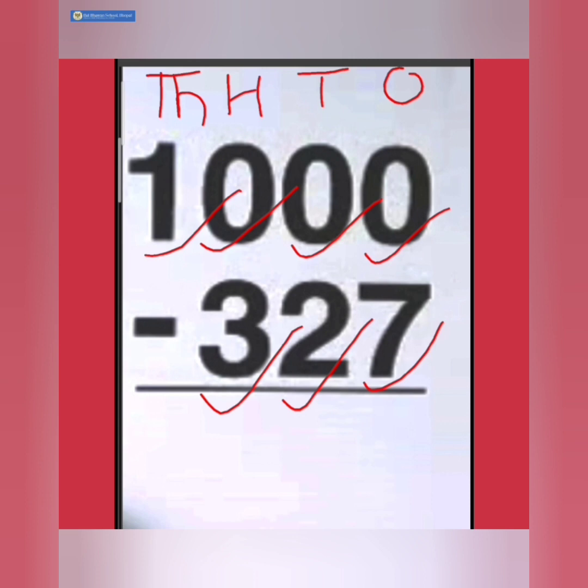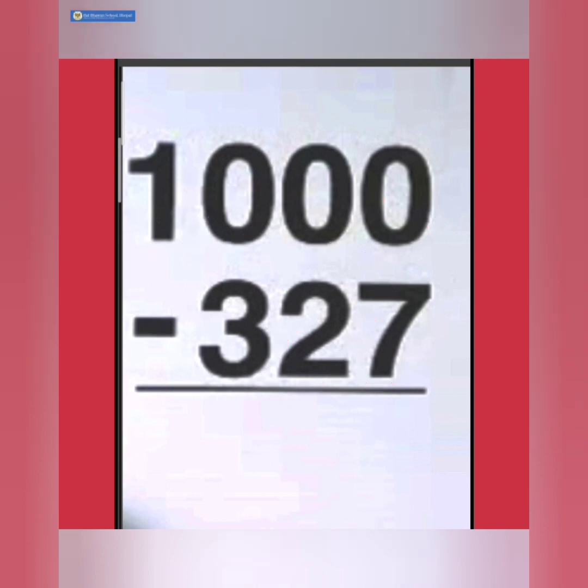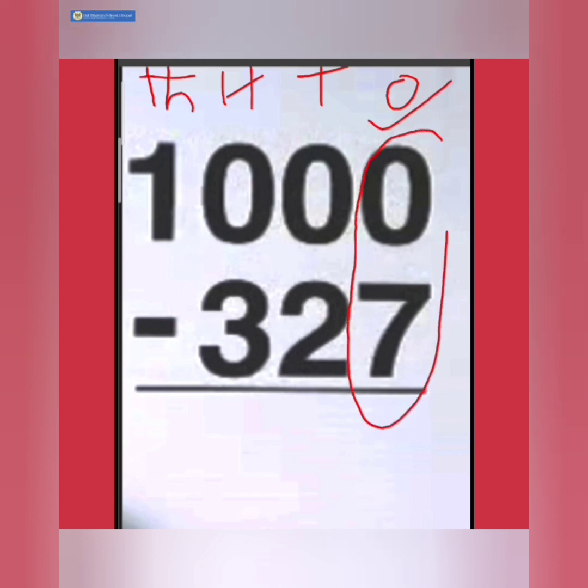How are we going to subtract? Children, think here. In the first number, which is given 1000, see the ones column. Here we have to take away 7 from a 0. Is it possible? No. Similarly, in the tens column, 0 minus 2.